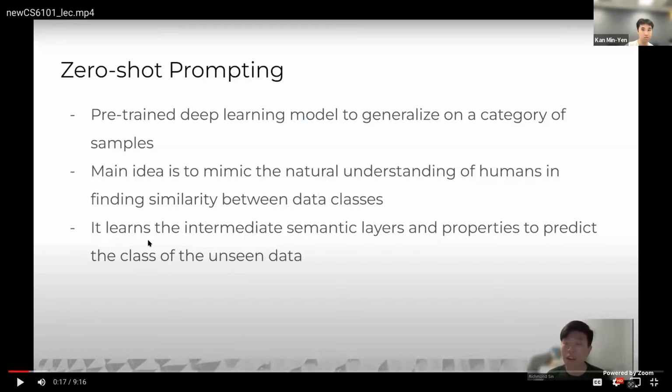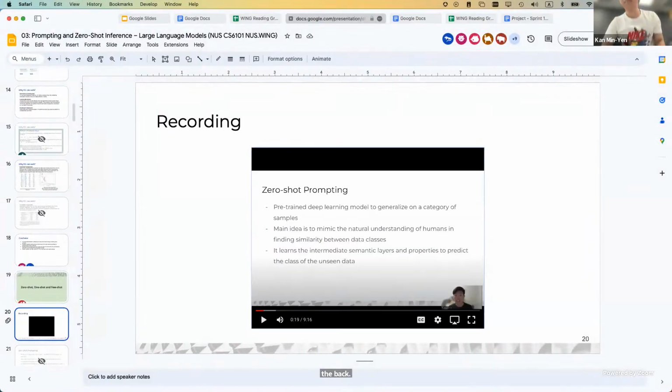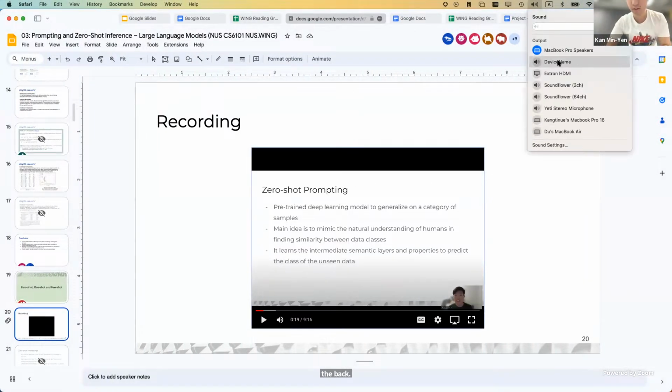It's kind of soft. Is there any way you can simplify it? Maybe change the output to the two speakers here, because it should be connected, right? Okay, let's do that. On the Mac, there's a sound icon on the top right. Which one is it, the Yeti or the Sunflower?